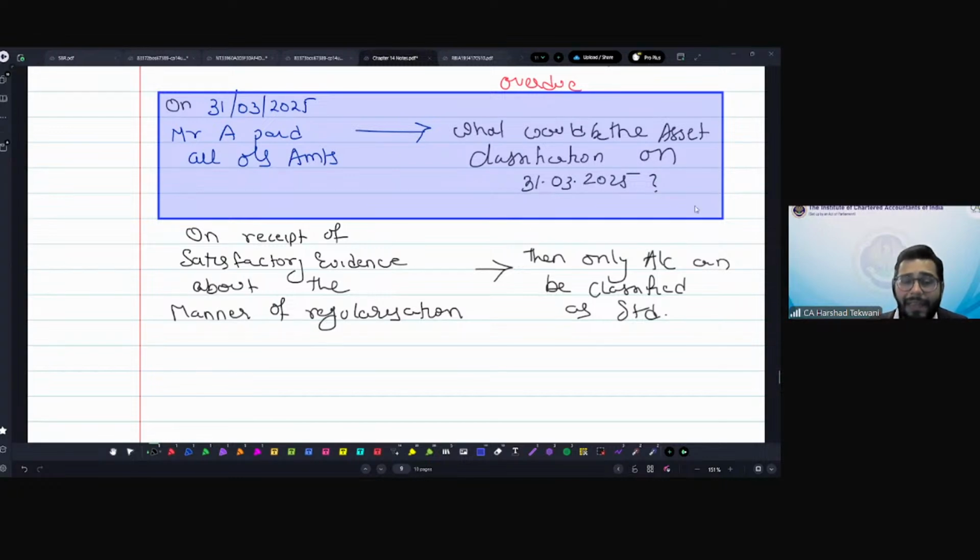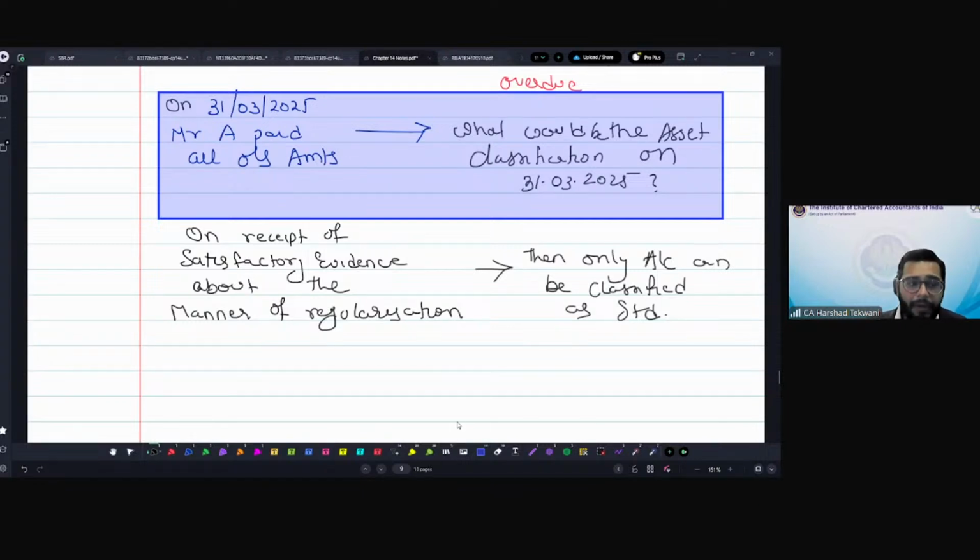So accordingly, this account classification is required to be done. Clear with this? So this is known as the concept of the requirement of account regularized near or about the balance sheet date.